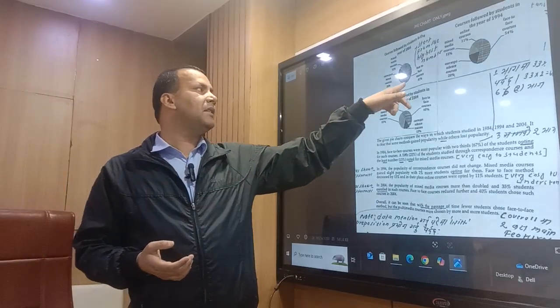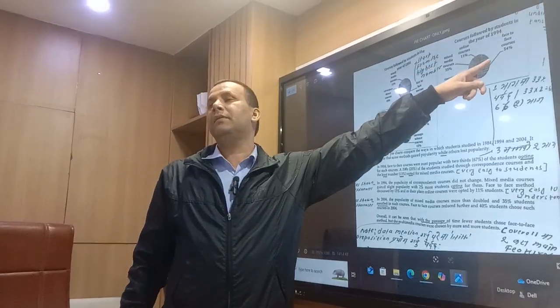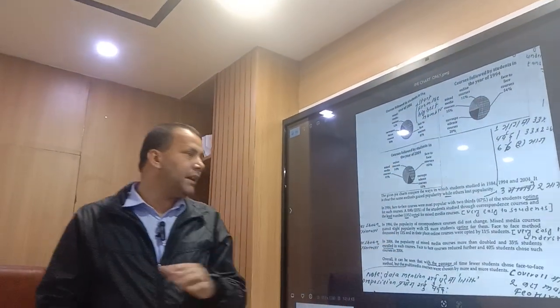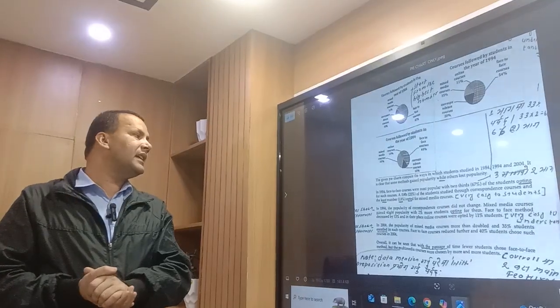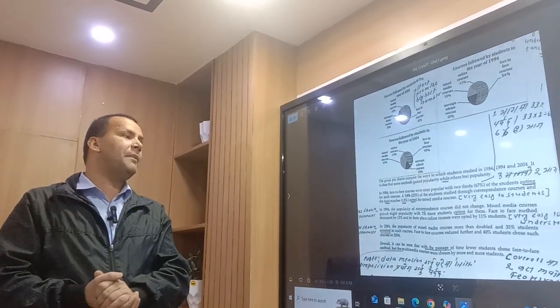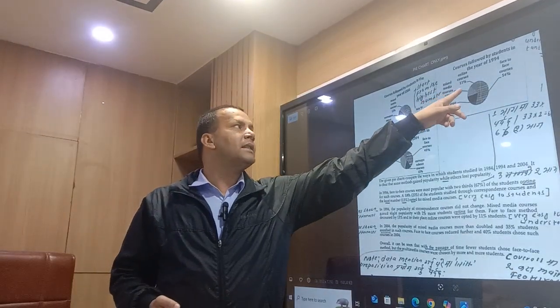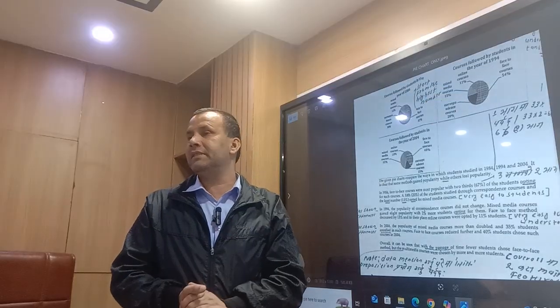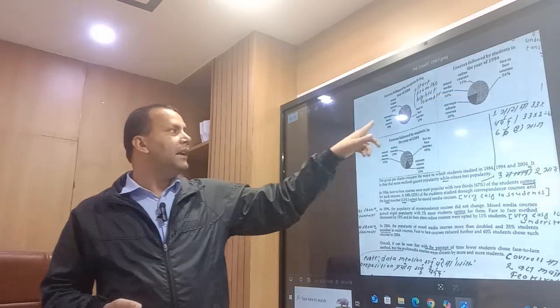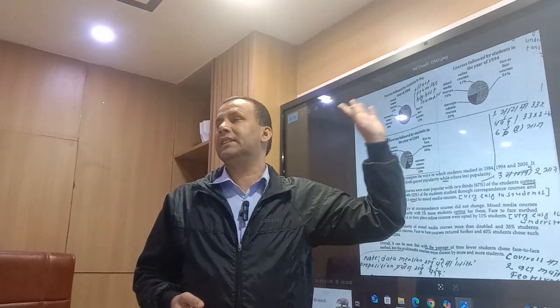Here the face-to-face method in 1984 was 67, and here it is 54. So again you can write, the face-to-face method decreased by 13%, and in their place online courses were opted for by 11% of students. What I have done here, I have shown differences between this data and this data.